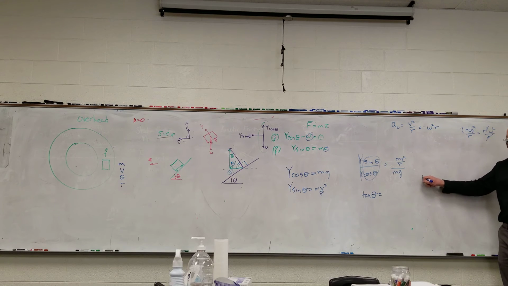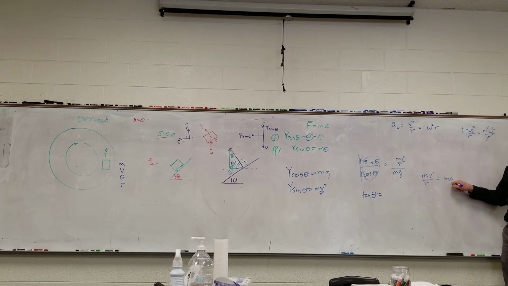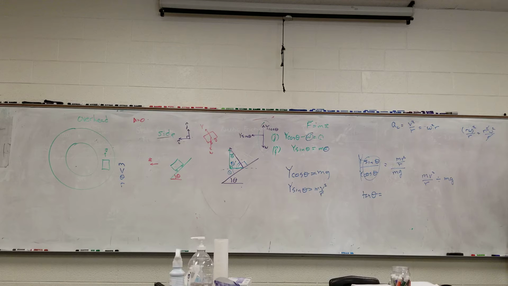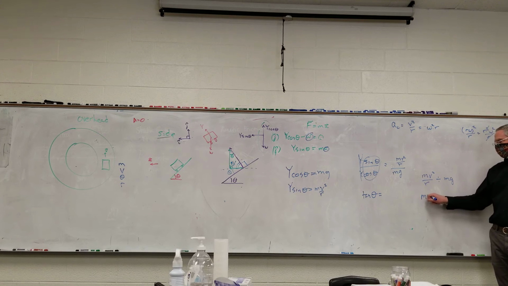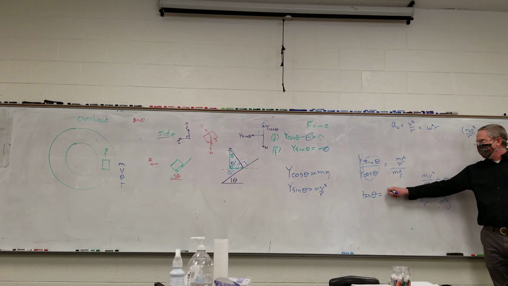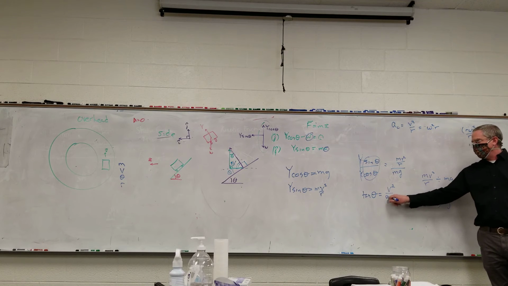As I wrote it out like this, mv squared over r divided by mg. Does that make it any easier for you? The m's would cancel out. They indeed will, because this mv squared over r times 1 over, dividing by a number, is the same as multiplying by the reciprocal. Mass goes away. V squared over gr.